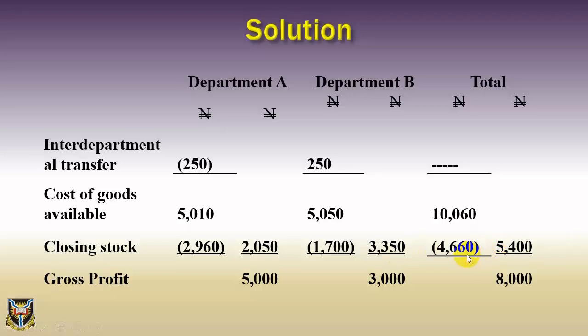Total, 4,660, making 5,400. Gross profit, Department A, 5,000. Department B, 3,000. Total, 8,000.